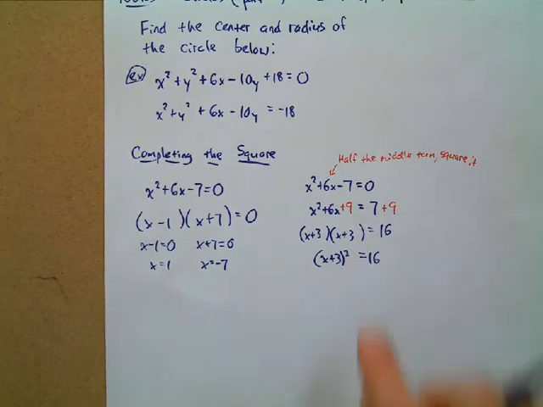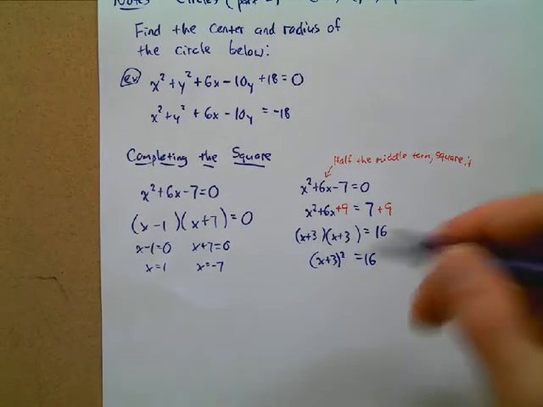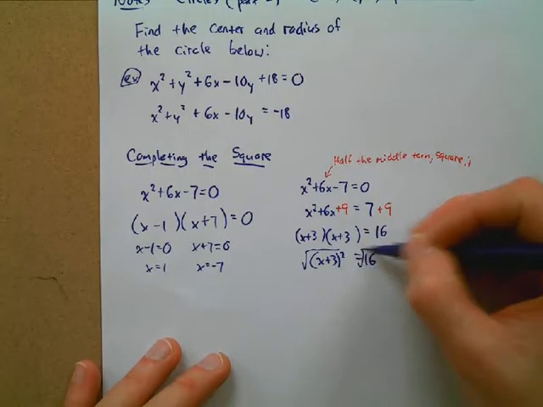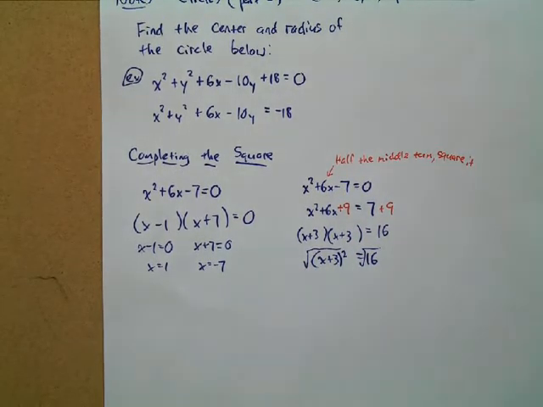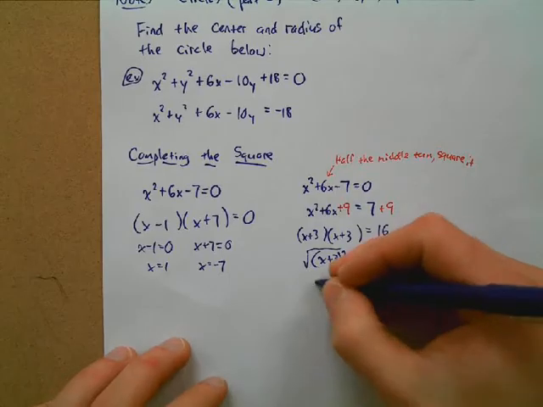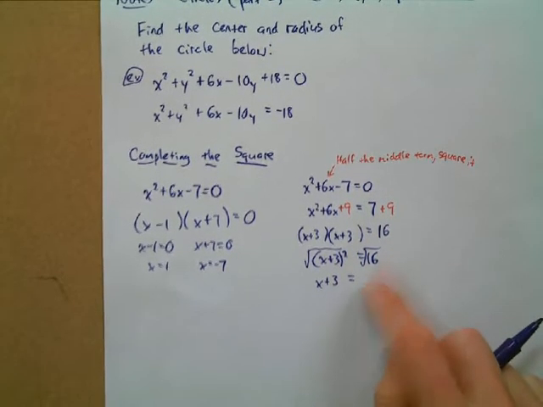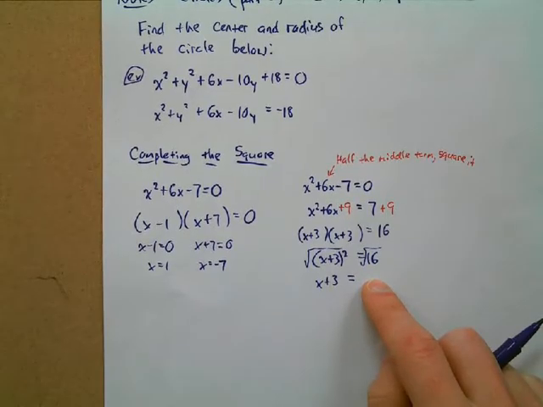If I take the square root here of both sides, I'll be left with x plus 3 over here, and then what will I have over here on the right-hand side? 4 and negative 4. Yeah, we're in an equation setting. There's no context here other than we're just solving. So it's plus or minus 4.